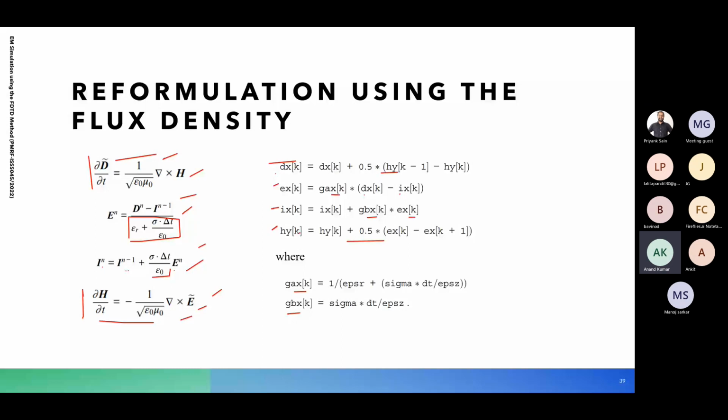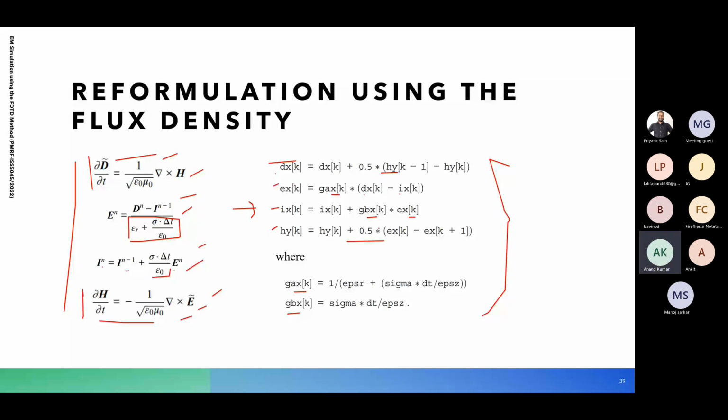And once you have this set of update equations on the left side, we have already seen how to go from these equations to over here. So you can try using these equations and running the code, and you should get the same results as when you were using EX and HY.